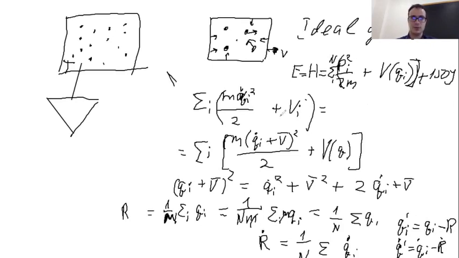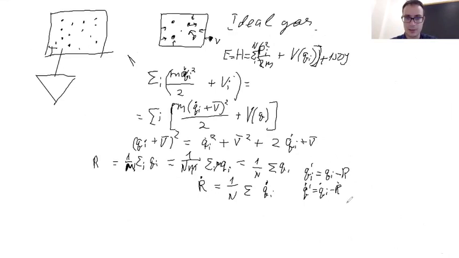Now I need a new page. Maybe not, I can expand still. Do you see the screen? Is it visible what I'm writing? Yes. Okay. Now the point here is that, since we already subtracted the center of mass, the sum of q i prime, what is it equal to?